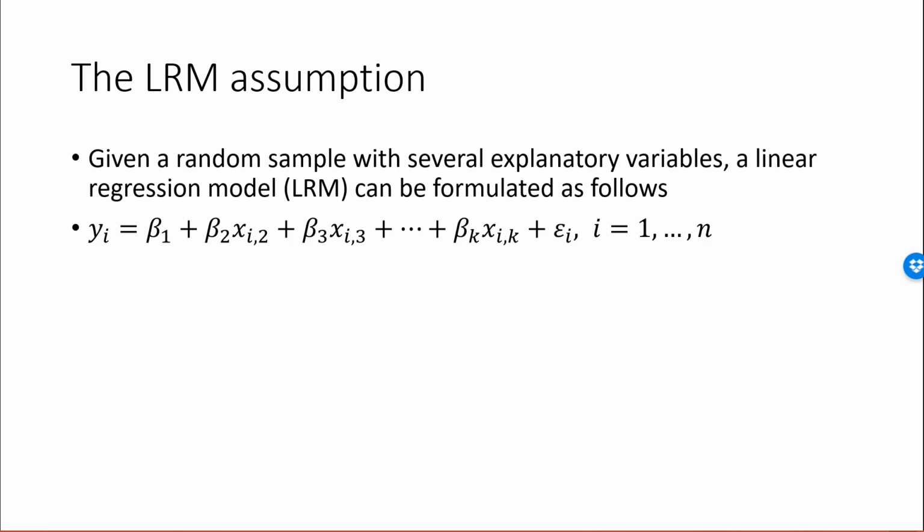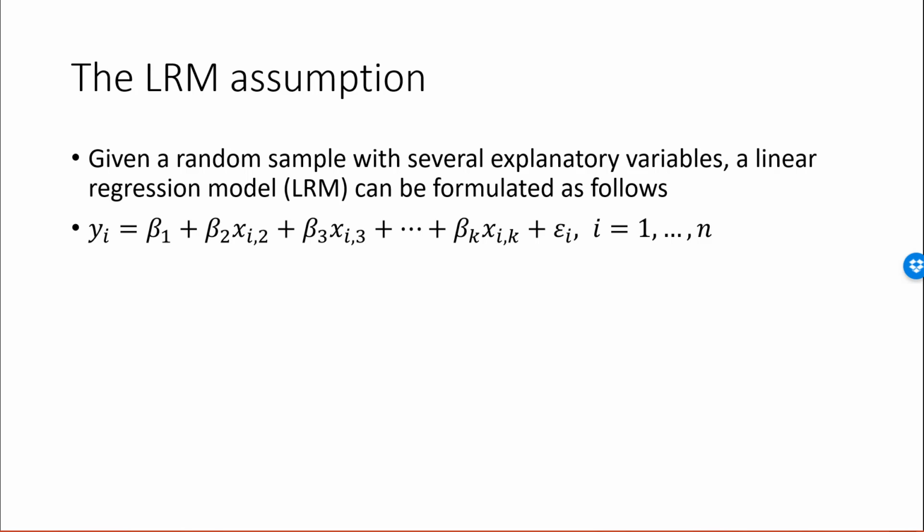So we prefer to start with 2, such that the 2 in front of the beta always matches the 2 for the x variable. And that's always going to be the case. So if you see a beta k here, you're going to see an xik here. That will be the case in the linear regression model.